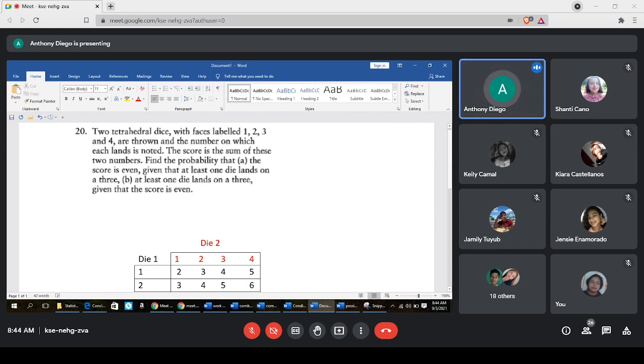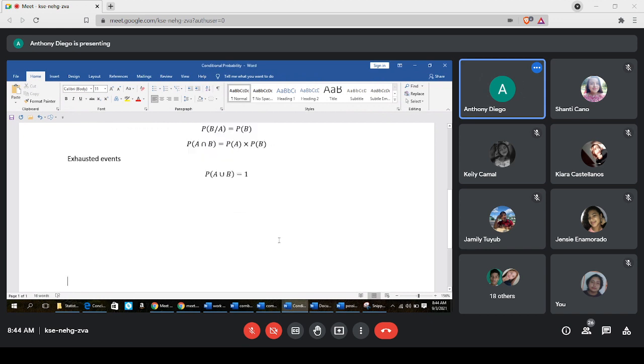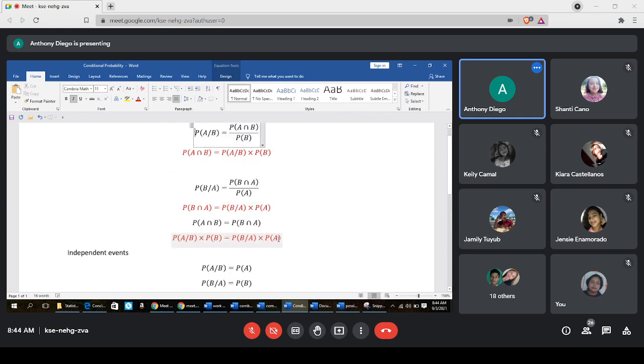Remember, let me take you to this again. Okay. This is the probability of A given that B has occurred. This is how the first one reads. And then the second one, the probability of B given that A has occurred.